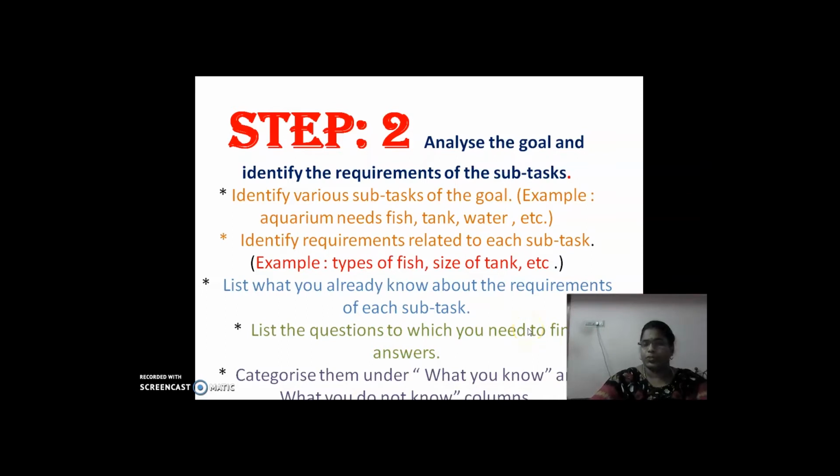Categorize them under what you know and what you do not know. You have to make these columns.